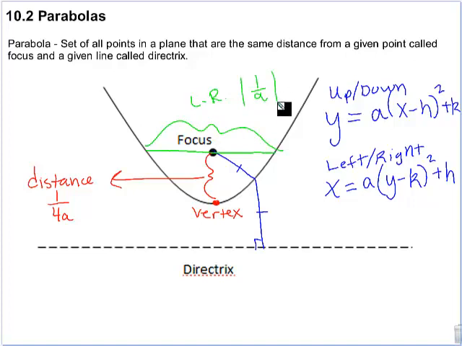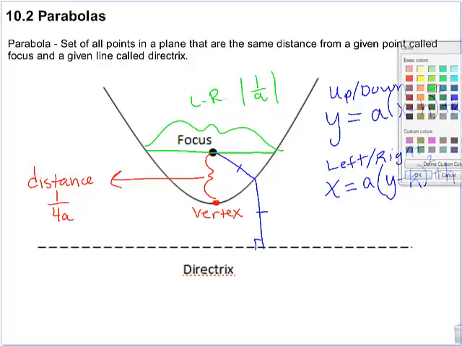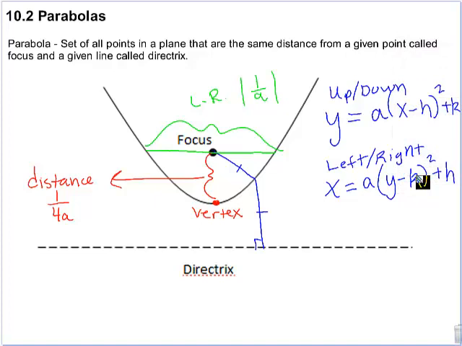That green's kind of hard to read, I'll change it to a darker color. This line tells us how wide it is, which is our LR, the absolute value of 1 over a. So if we have an a value of 1, we know that our width at our focus is 1. Then you just graph your vertex and connect it to the ends of those lines, and that's how you're going to graph your parabola.